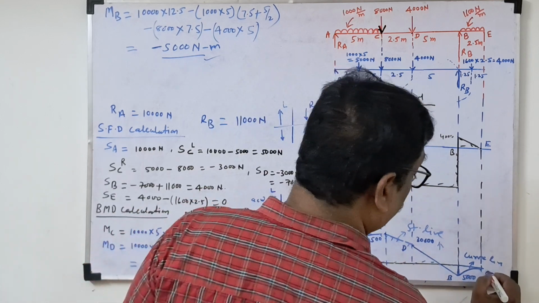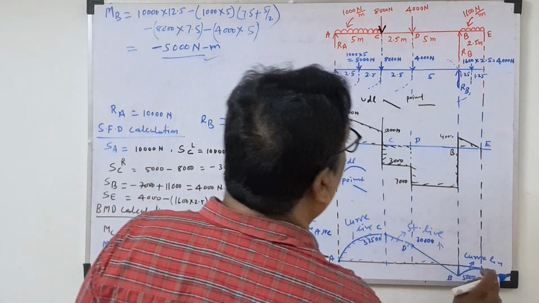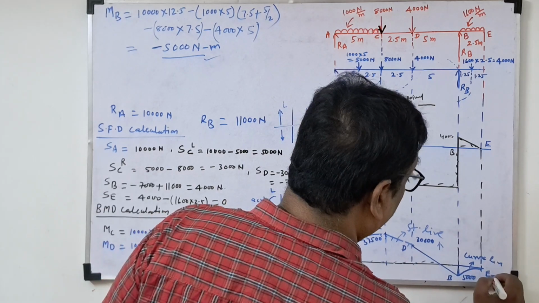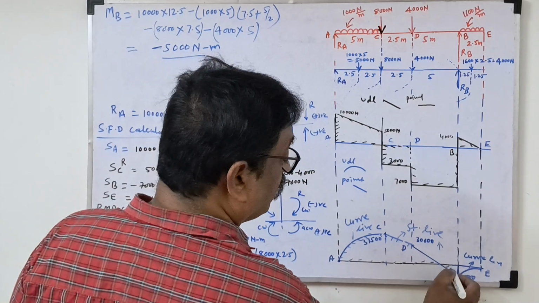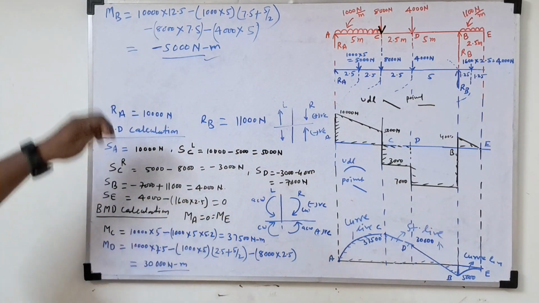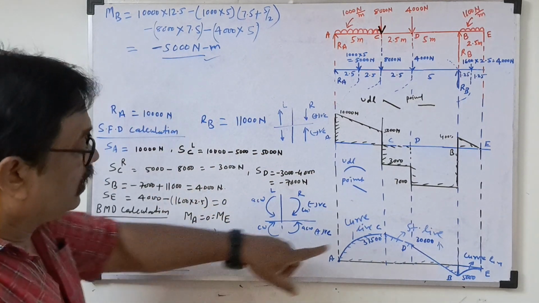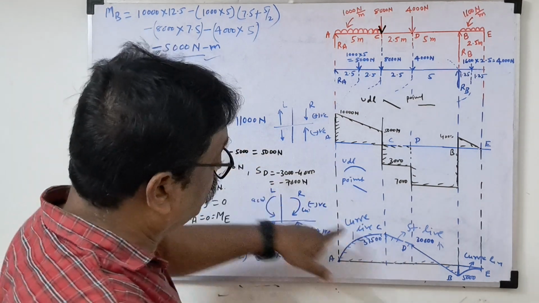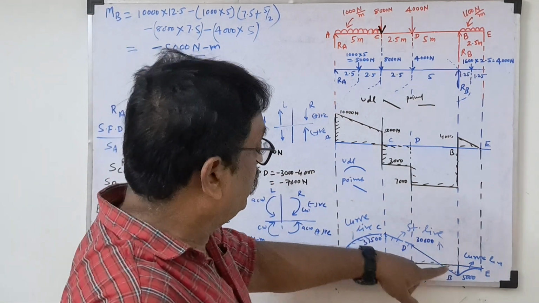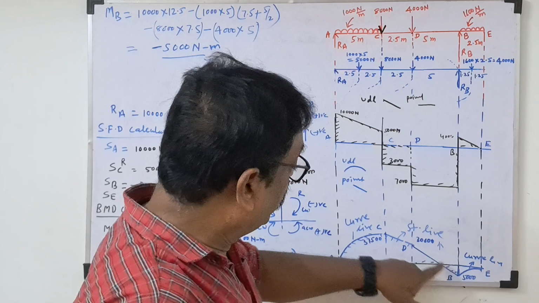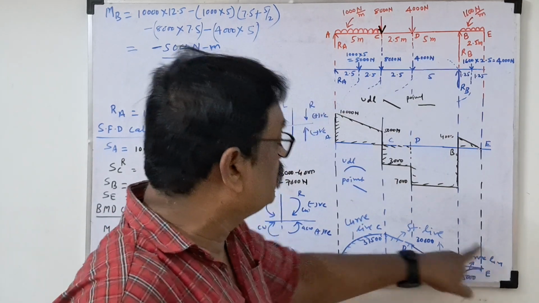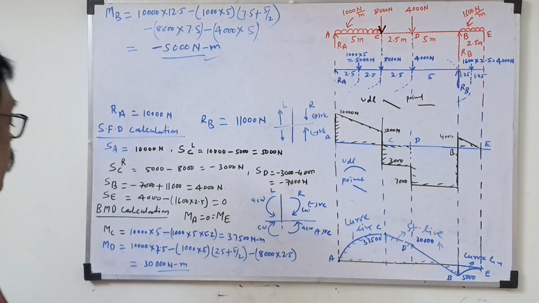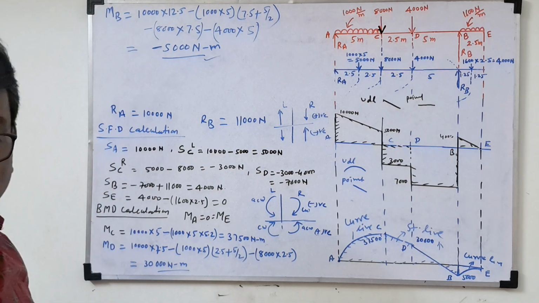This bending moment will be 0 at point E. This point is B. This point is D. So this way we can calculate the bending moment. So here up to 30,000. Now this is negative. So before what we did na, we taken 5,000 only. So negative na, it will come down at point B. Now this is the straight line. Now this is curve line. So this way we can calculate the shear force and bending moment diagram.